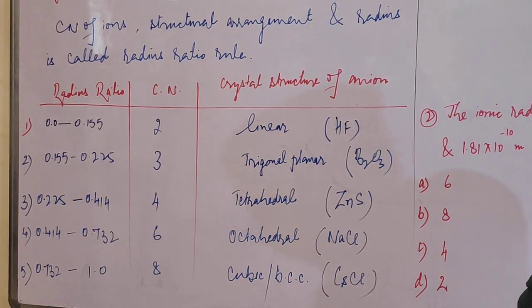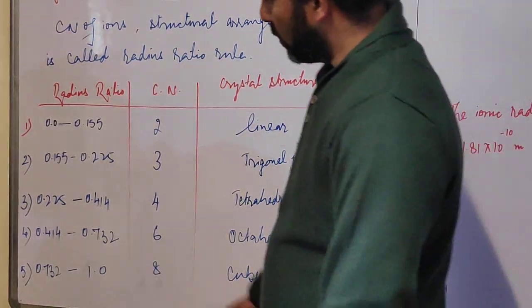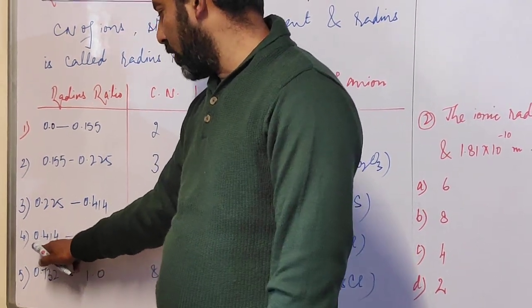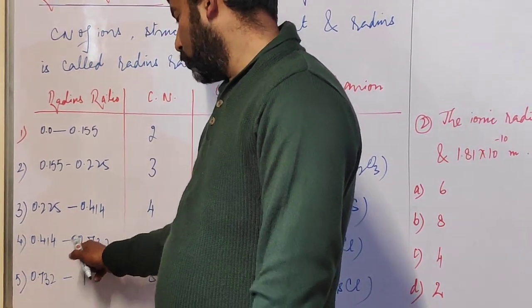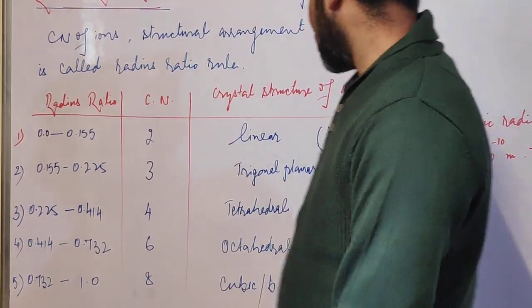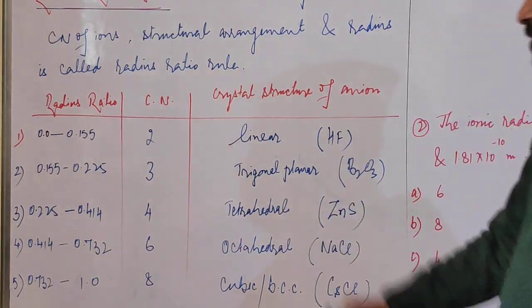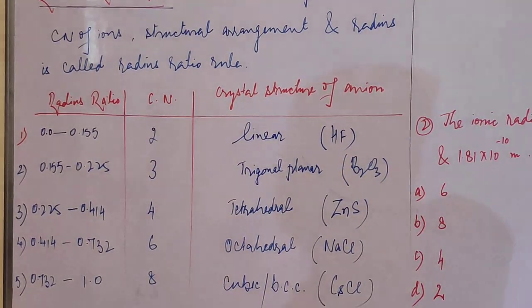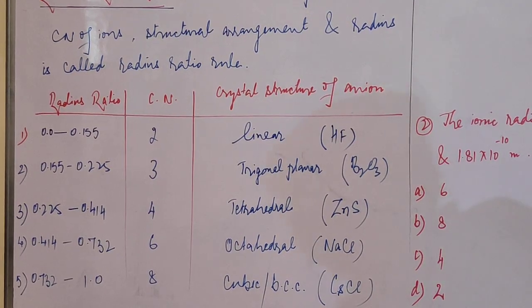have such an arrangement. Now students, if this radius ratio lies in the range 0.414 to 0.732, then the coordination number will be 6 and the crystal structure is octahedral, and rock salt, that is sodium chloride crystals, have this arrangement.